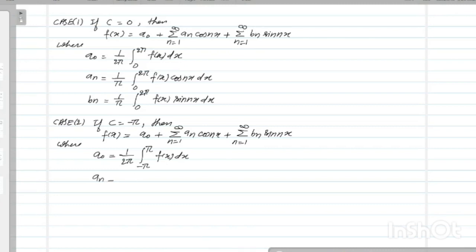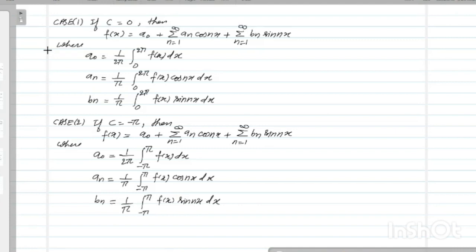A n is what? 1 upon pi integration of limit minus pi to pi f of x cos nx dx, and the last Fourier coefficient is bn equal to 1 upon pi integration of limit minus pi to pi f of x sin nx dx. Okay, so these are two cases we must remember.